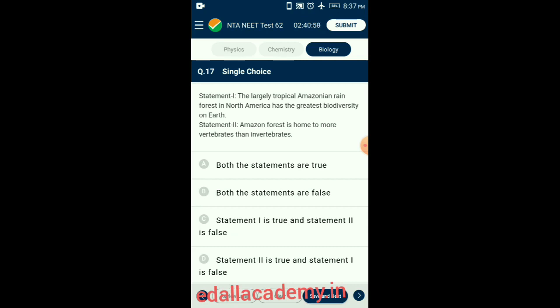It is home to more than 40,000 species of plants, 3,000 of fishes, 1,300 of birds, 427 of mammals, 427 of amphibians, 378 of reptiles, and more than 125,000 invertebrates. Scientists estimate that there might be at least 2 million insect species waiting to be discovered and named. So the answer is option B. Both the statements are false.